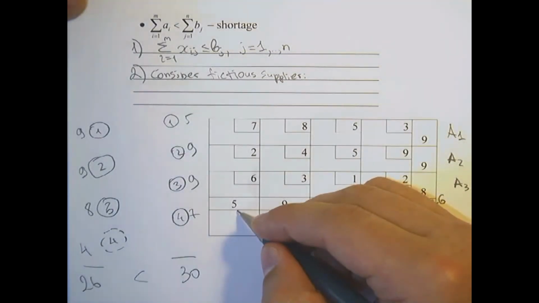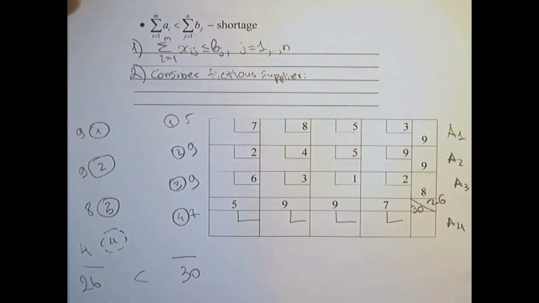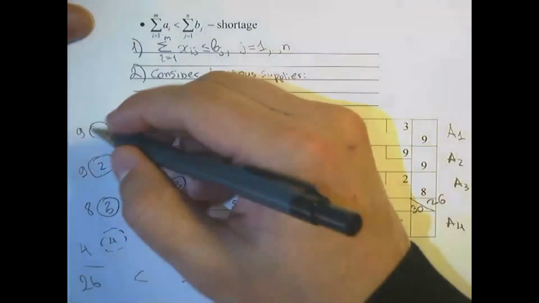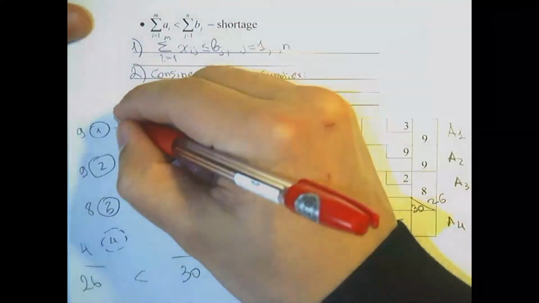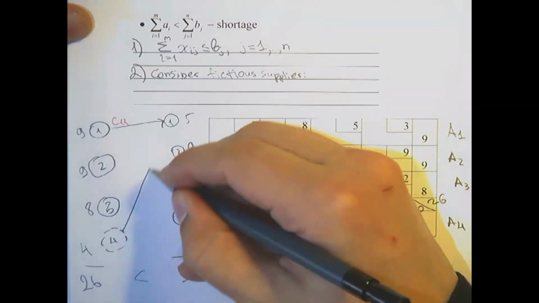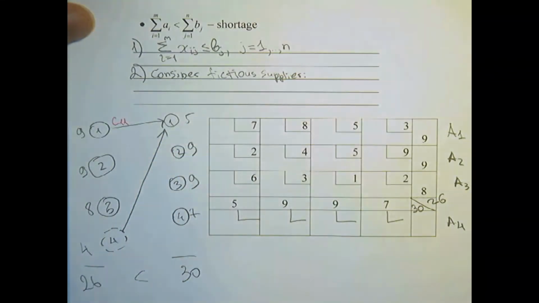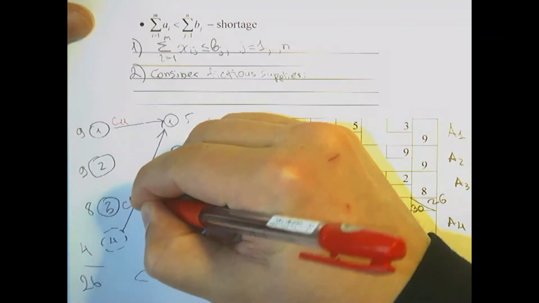And here, once again, we consider such places for penalties. For instance, if we deliver from the first supplier to the first customer 1 Chocobox, we should pay C11. But when we deliver from the fictitious supplier to the first customer, we consider C41.